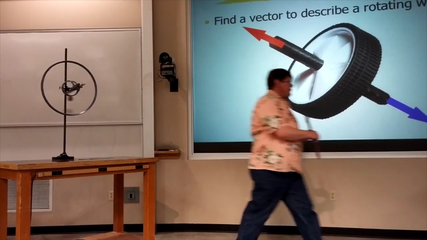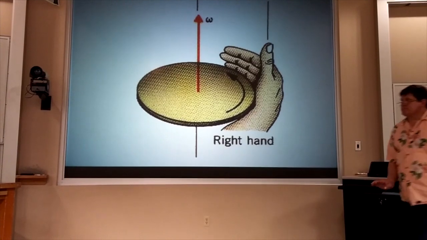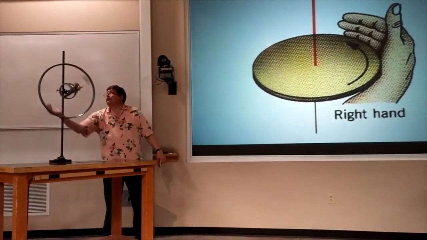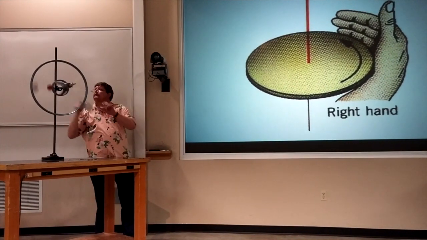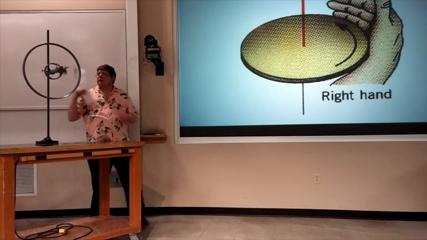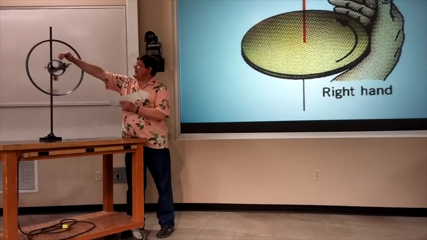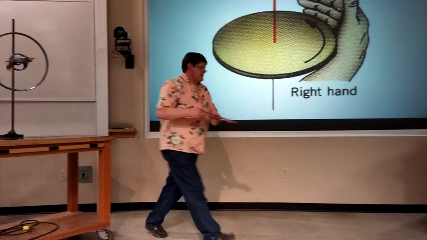And we remember which is which by using what's called a right-hand rule. We curve the fingers in our right hand around the direction that it's rotating. Our thumb on our right hand reminds us which direction the omega vector points. If I had this going that way, I'd use my right hand and I'd get an omega vector that way.